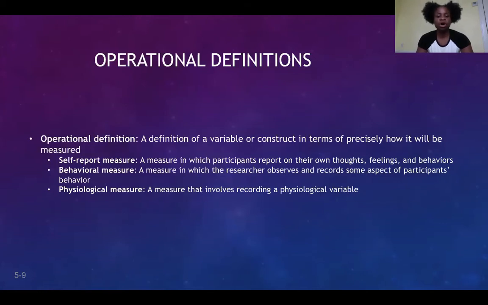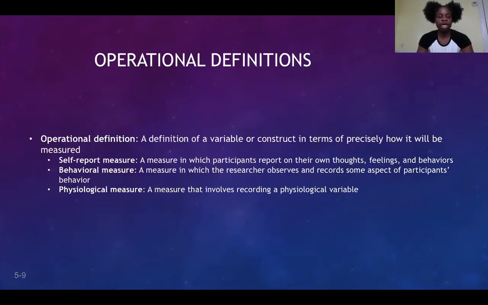Behavioral measures are those in which some other aspect of participants' behavior is observed and recorded. An example of this could be a person's working memory capacity. And then physiological measures are those that involve recording any of a wide variety of physiological processes such as heart rate, blood pressure, hormone levels, etc.